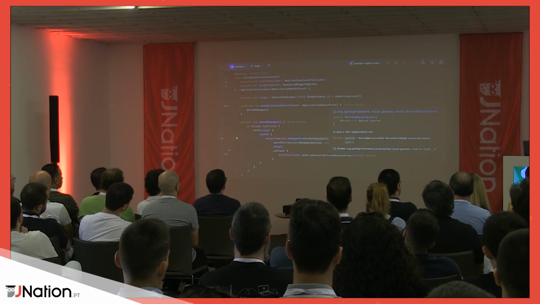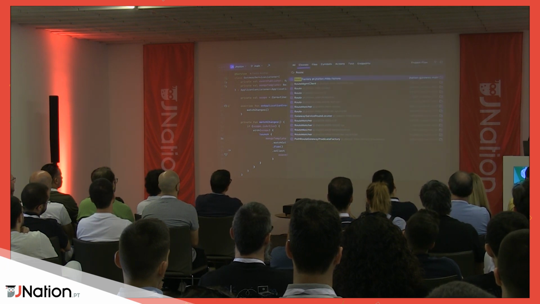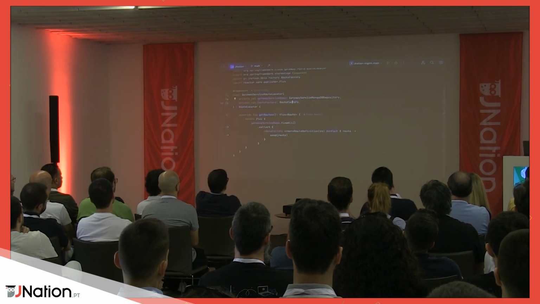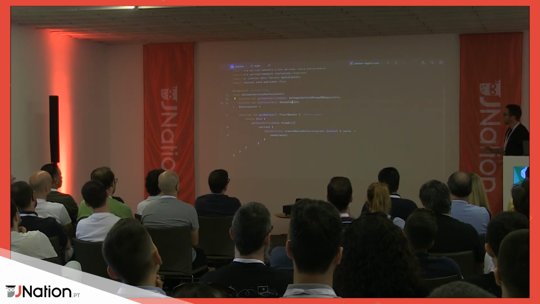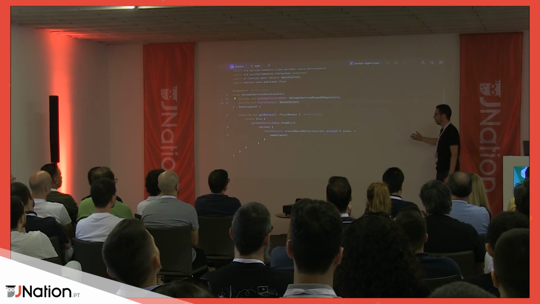And this, as soon as Spring Cloud Gateway internally receives this refresh routes event, it will call a route locator. And this route locator is a custom implementation also, and this is where you're going to tell Spring Cloud Gateway where are the routes that you're going to load.